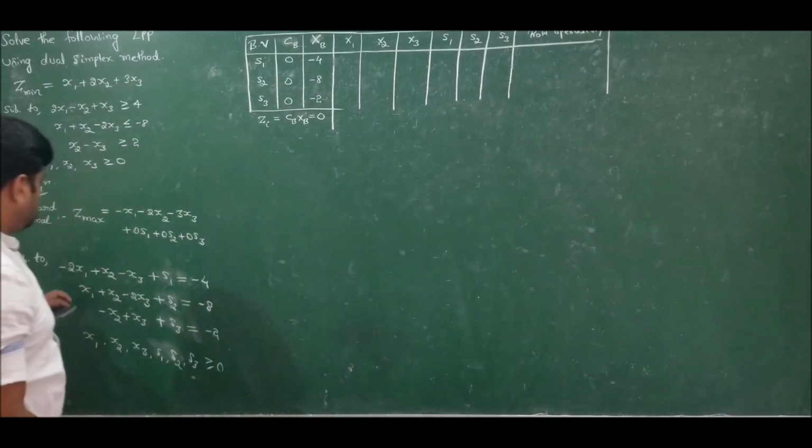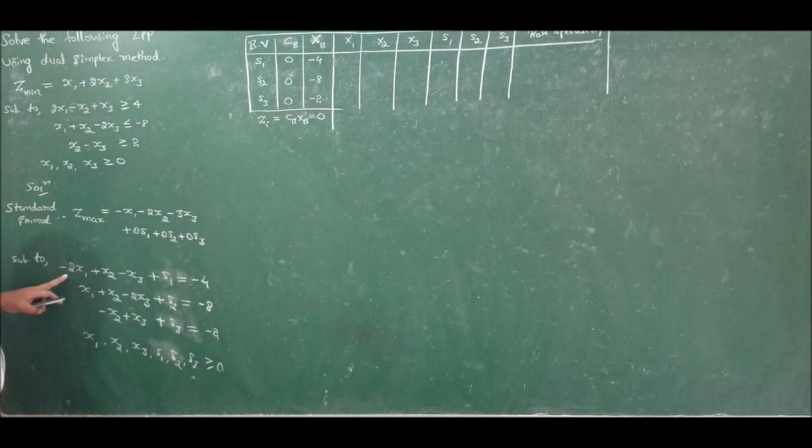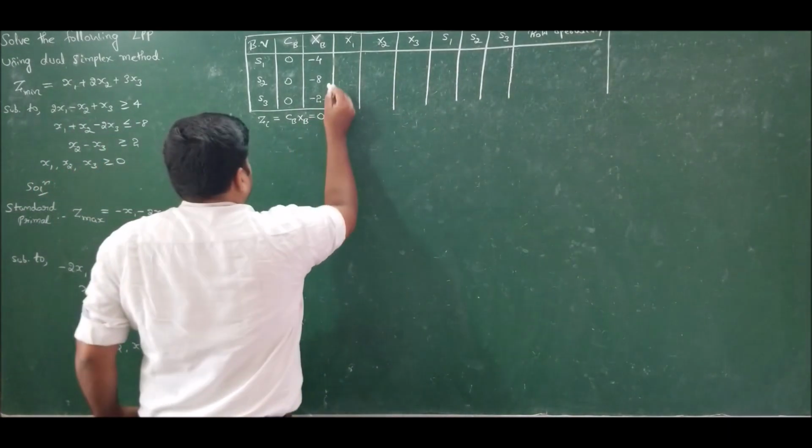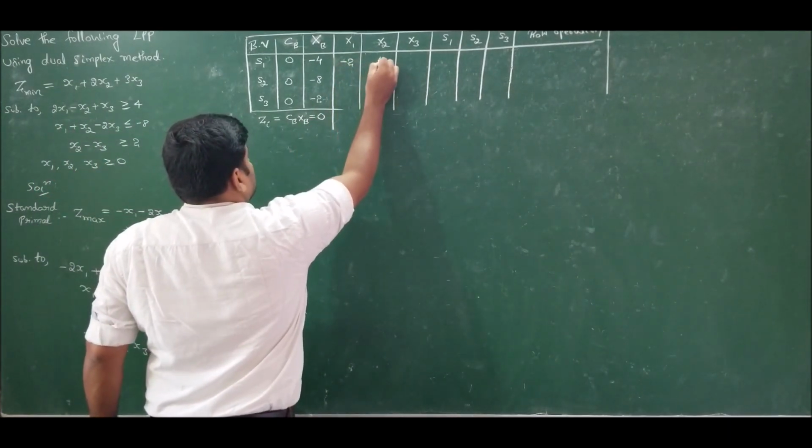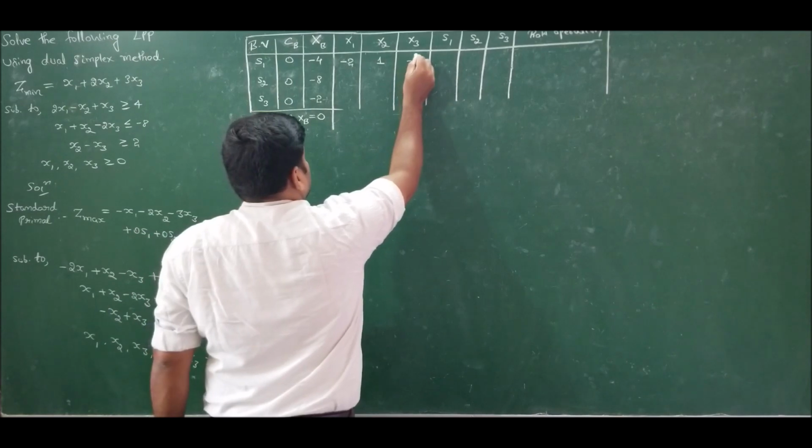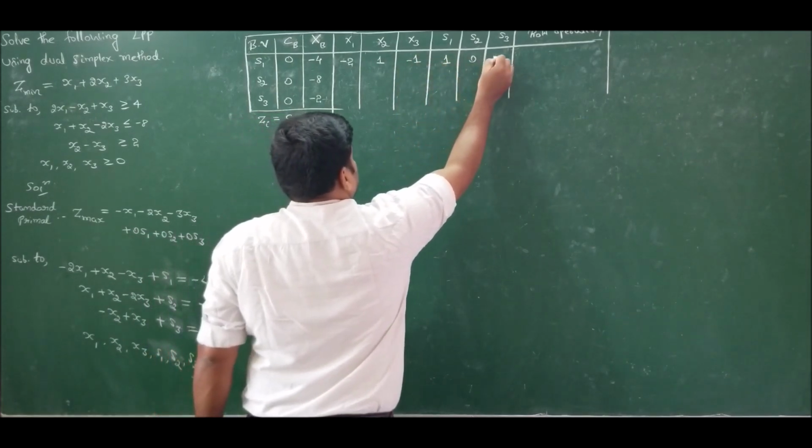Now fill this matrix. We have the coefficients as -2, plus 1, -1 plus 1, 0 and 0.